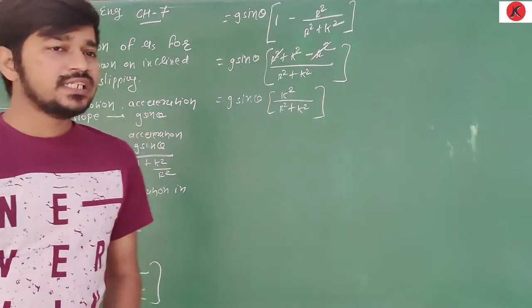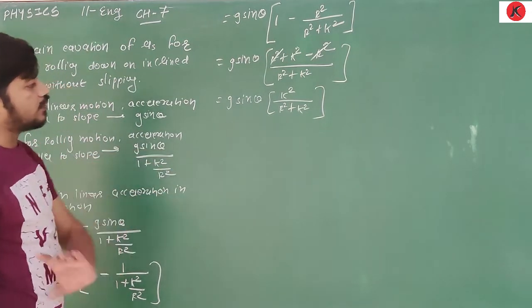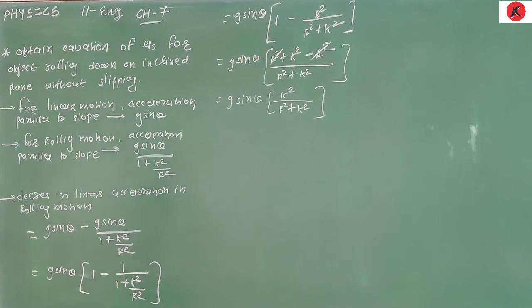Simple. So first of all, for linear motion, acceleration parallel to slope is g sin theta. For rolling motion, it is g sin theta upon 1 plus k square upon r square. The decrease in linear acceleration is g sin theta minus g sin theta upon 1 plus k square upon r square, and this is the equation.